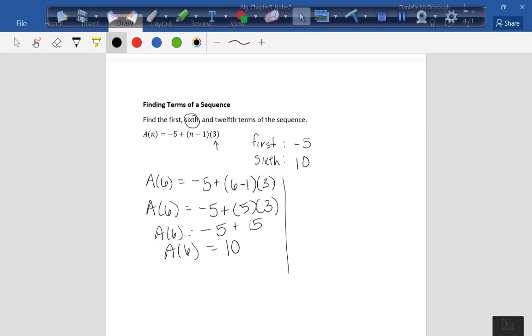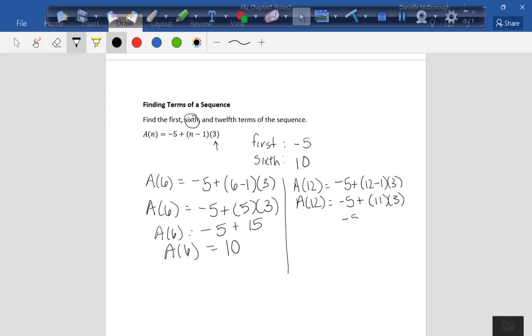And we're going to do the same exact thing for the 12th term, except we're just going to substitute in a 12 for n instead of the 6. So a of 12 is -5 plus 11 times 3.